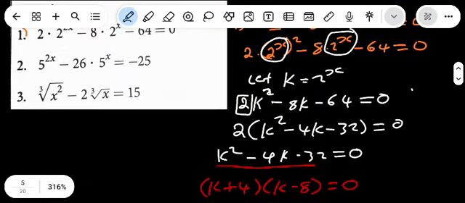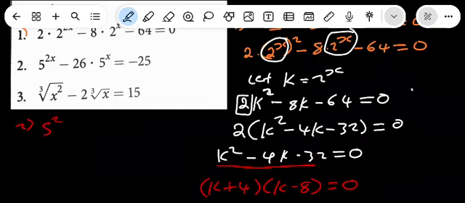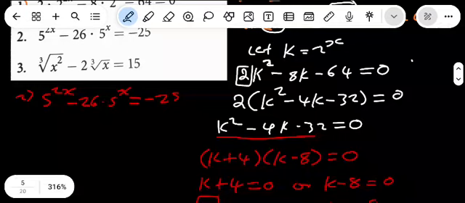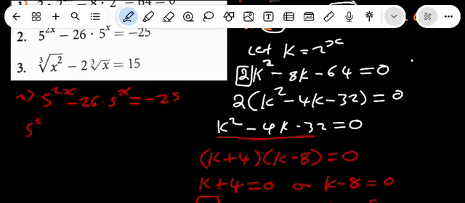So we've been given the second one, number 2: 5 raised to the power of 2x minus 26 multiplied by 5 raised to the power of x is equal to 25. We've been given that. Alright, so I can say 5 squared x minus 26 multiplied by 5 to the power of x.